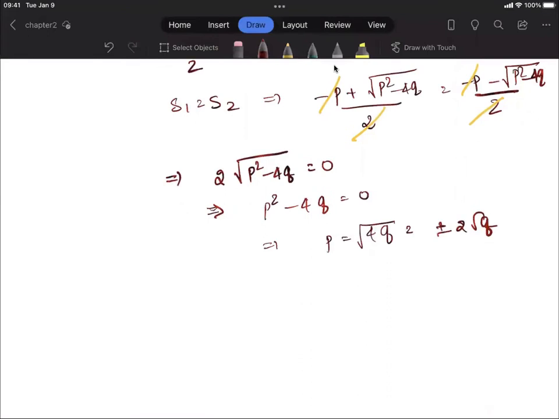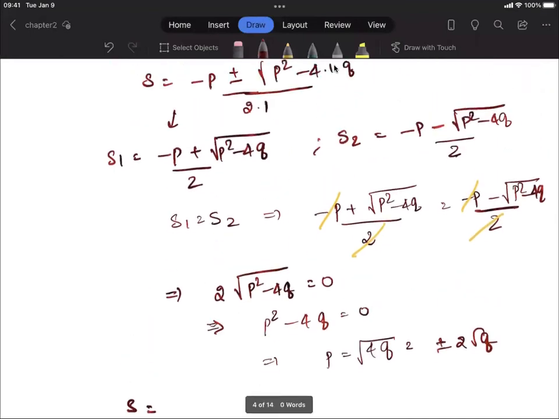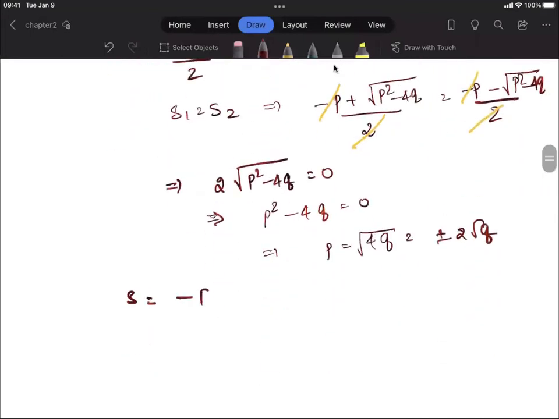Now that we know p in terms of q, let's try to find out what s is. So we know s is minus p plus or minus root p squared minus 4q, divided by 2, right?